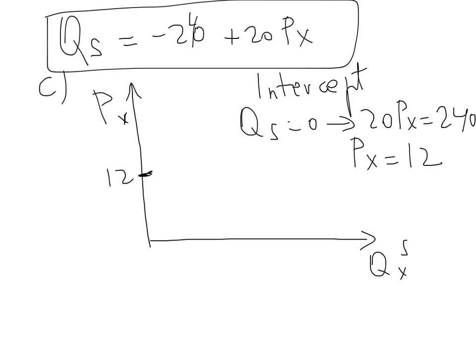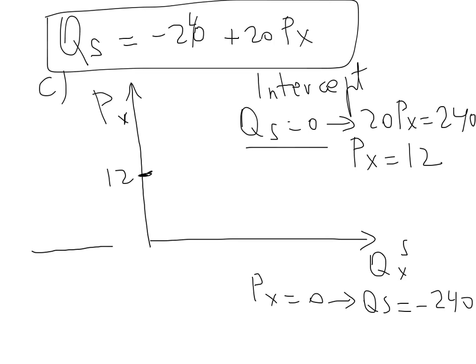And then we do the other intercept. Px equals 0 makes Qs equals minus 240. Where is our minus 240? It has to be on the negative side here. We don't have enough space here, but it's going to be on the negative line here. So that's going to be our quantity supply.